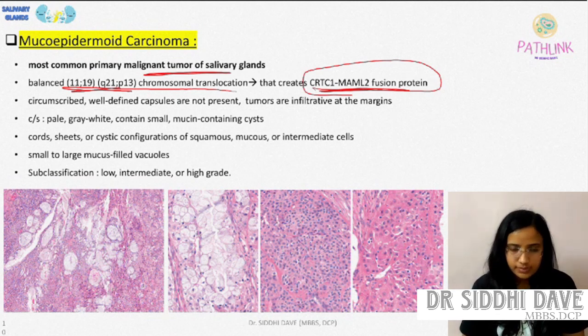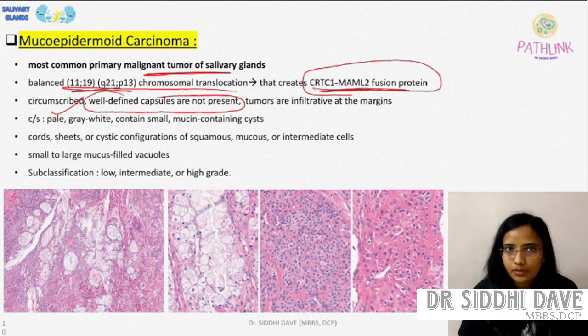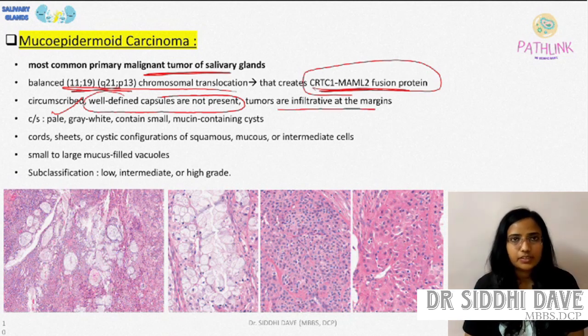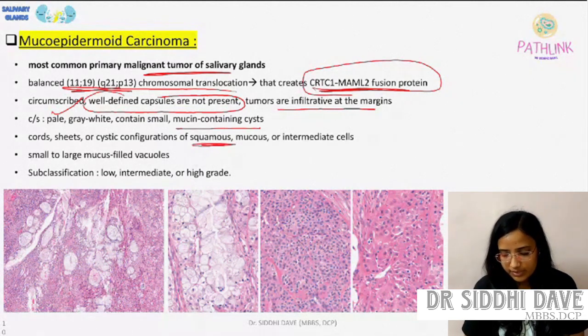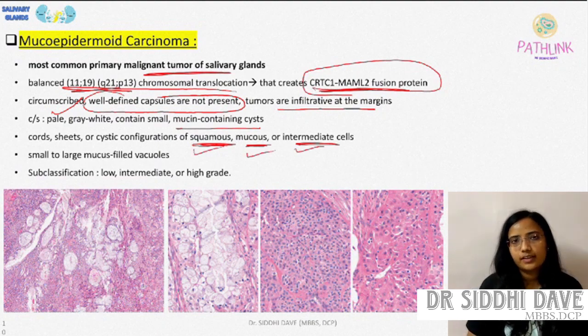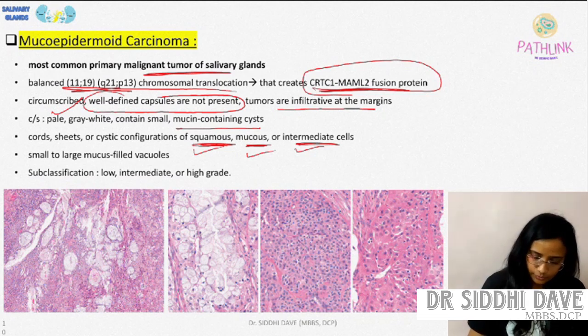It is circumscribed, but well-defined capsules are not present because it is malignant; tumors have infiltrative margins. The cut section shows pale gray-white content with small mucin-containing cysts. In microscopy, you will see cystic configuration of squamous, mucus and intermediate cells.